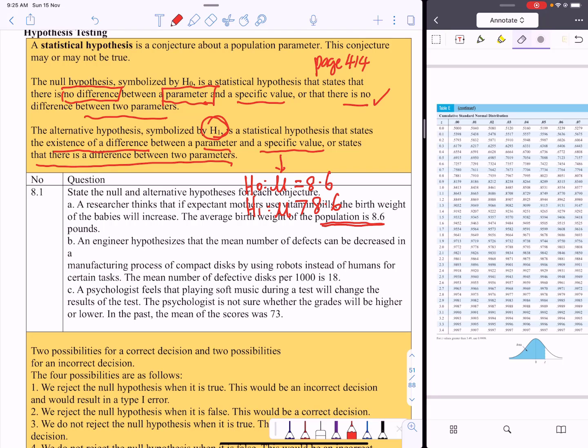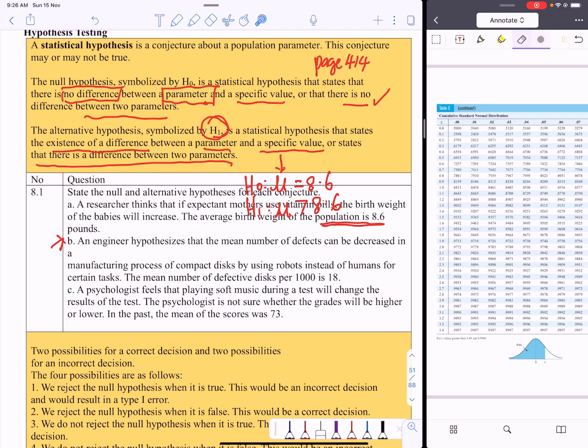Now we go to part B. An engineer hypothesized that the mean number of defects can be decreased in a manufacturing process. The mean number of defects per 1,000 is 18. We want it to be decreased because defects are not good for the company.